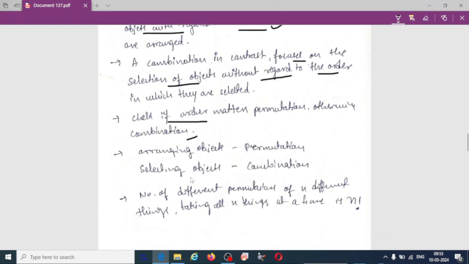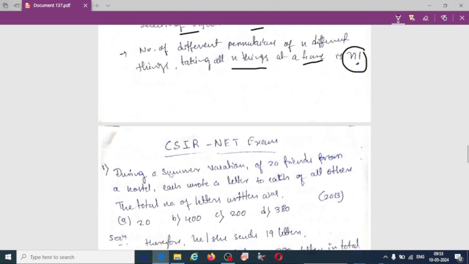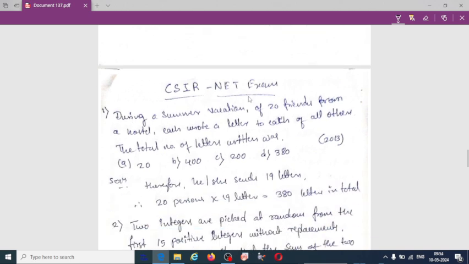Arrangement of objects is what? Permutation. Selecting objects is what? Combination. The number of different permutations of n different things taking all n things at a time, if they ask in the question, is n factorial.